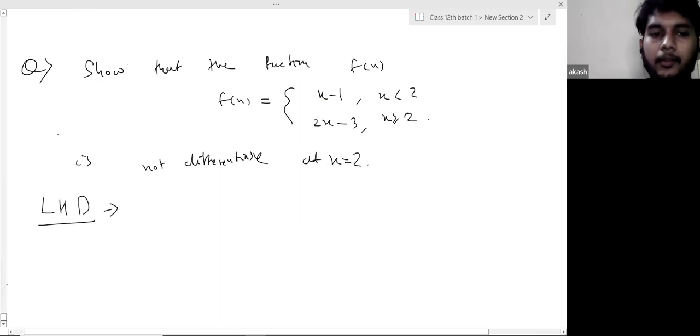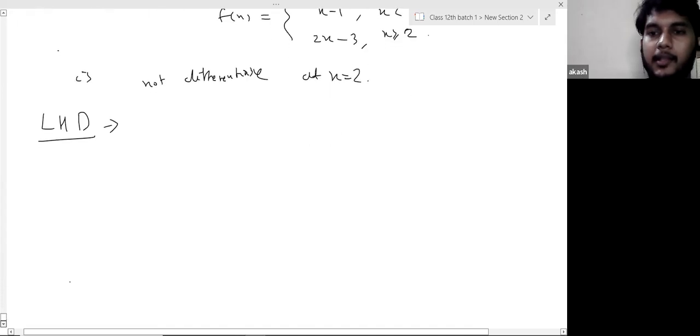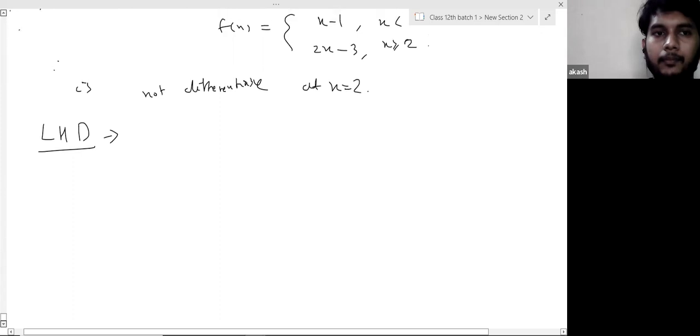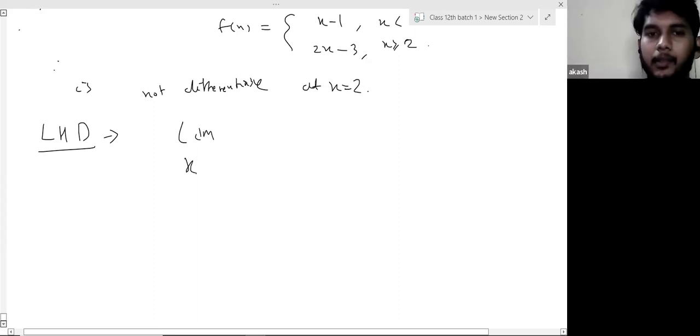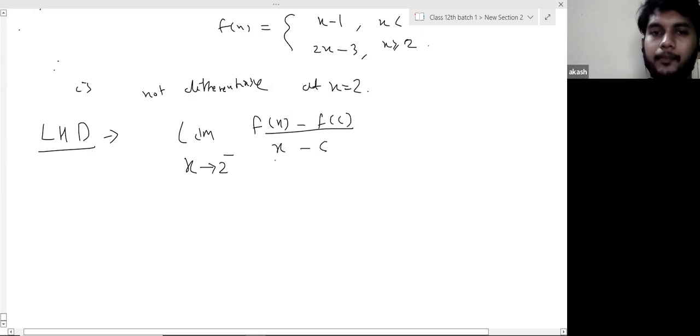LHD. What is LHD? Krishna? So limit x tending to 2 minus, f of x minus f of c upon x minus c. So this will be equal to limit x tending to 2 minus f of x.